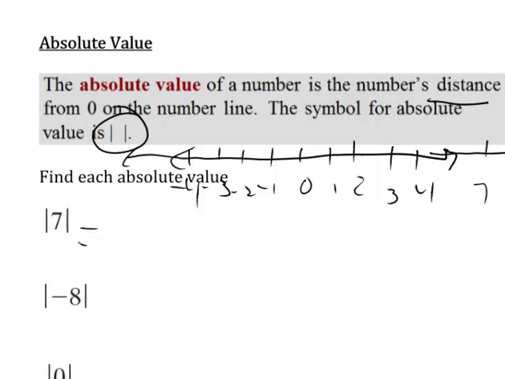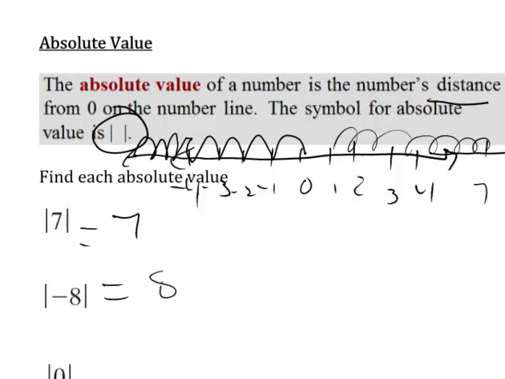If I was trying to find the distance from 7 to 0, I would just count how many spaces I need to move to get back here, and I would say, well, 7 spaces. And even if I was doing negative 8, I would have to count, 1, 2, 3, 4, 5, 6, 7. It would still be 8 spaces because I'm counting the number of spaces, right?